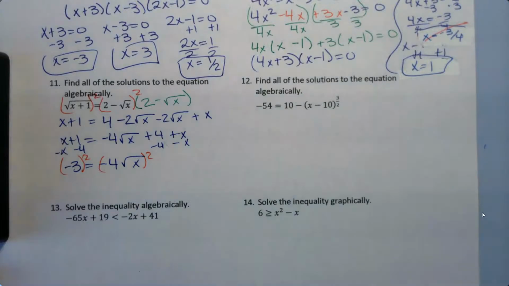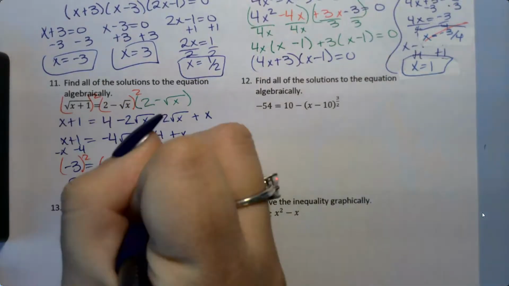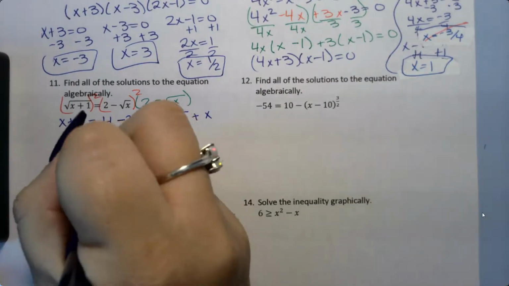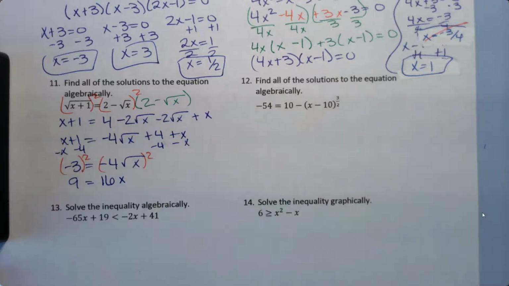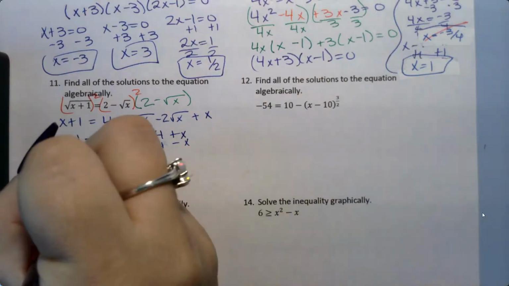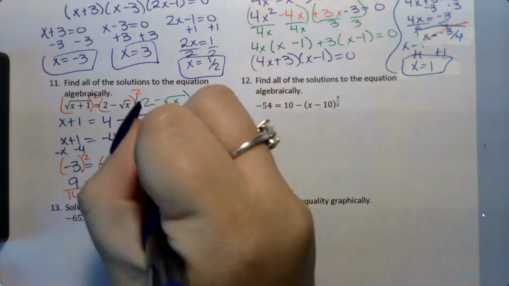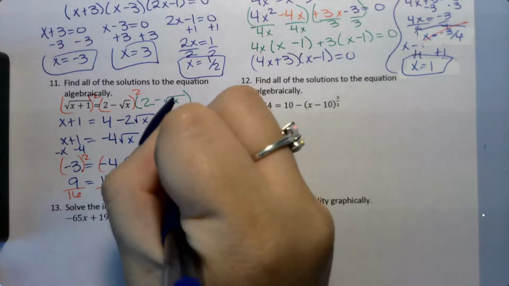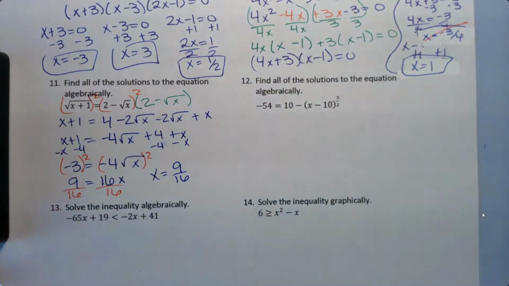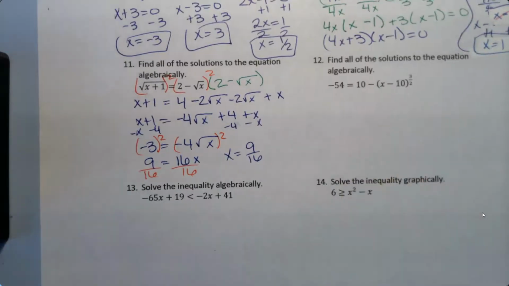This is going to give me 9 equals, the square goes to both the 4, which is 16, and then goes to the radical and cancels out, which gives me x. I want to go ahead and divide both sides by 16, which gets me x equals 9 over 16. I need to go check my answer. So I will write this off to the side.